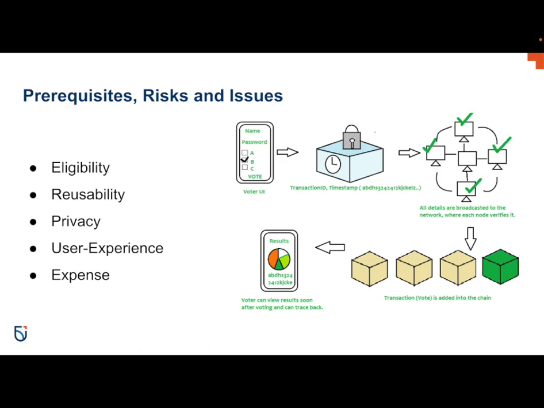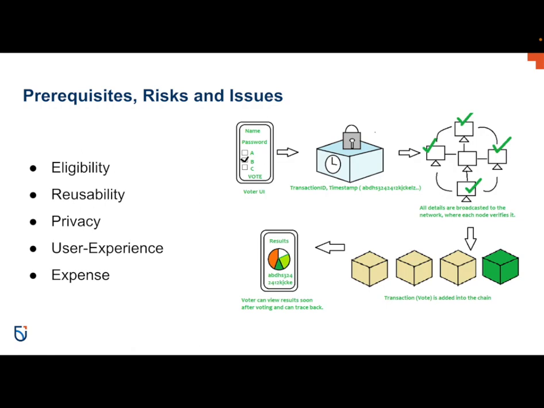For the blockchain system, we do not have this. And if, for example, someone is voting somewhere and the election is happening again, or the re-election, he can still use the same technology, same computer, and he can still vote, right? So it is really easy and reusable compared to the traditional paper voting system.